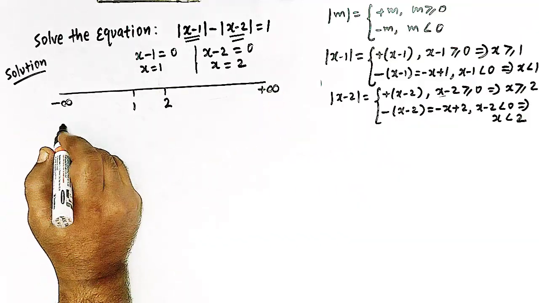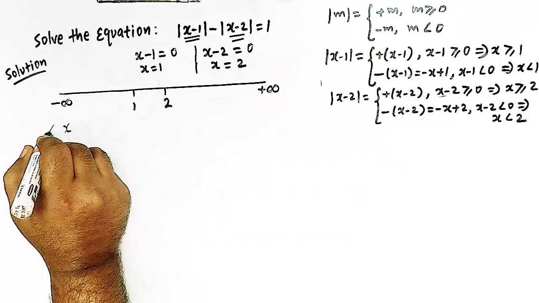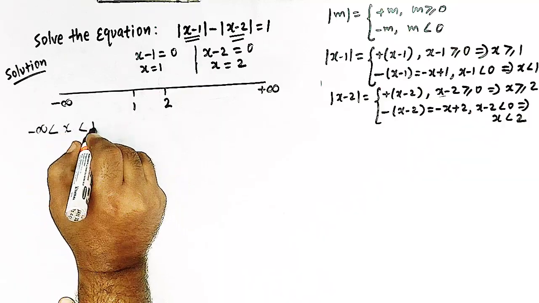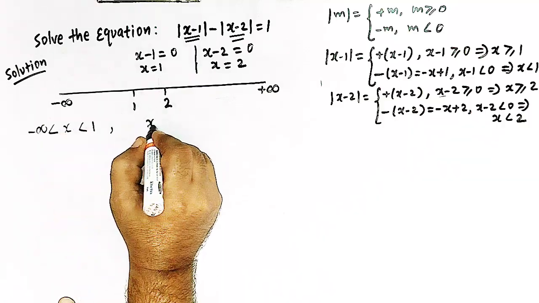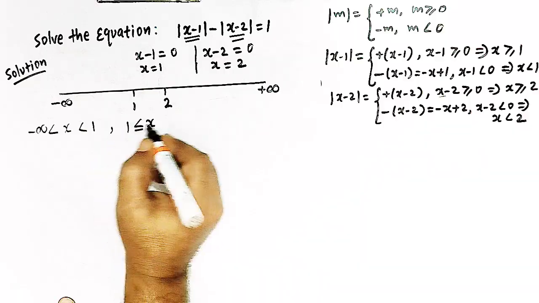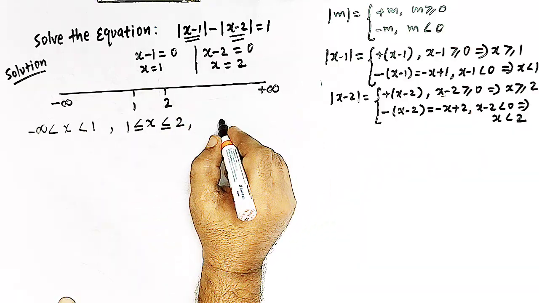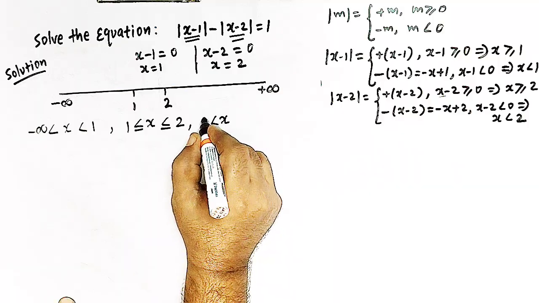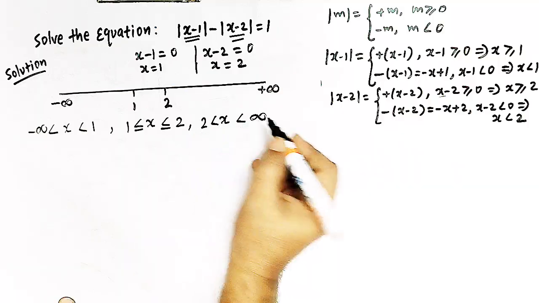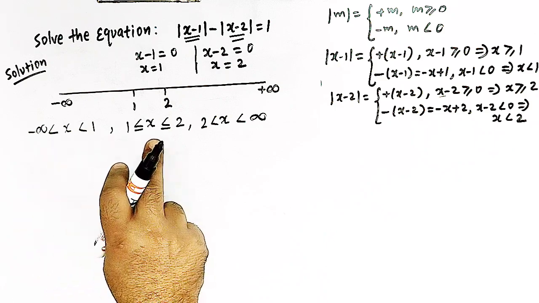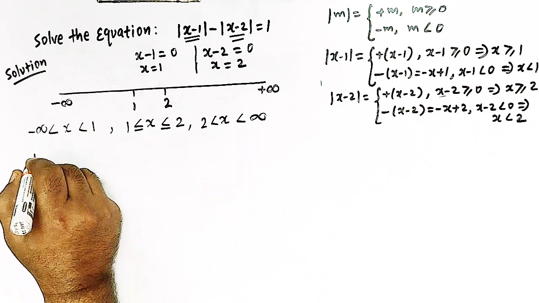That is, one is from x greater than minus infinity to 1, then we have x greater than or equal to 1 and less than or equal to 2, and the third interval is x greater than 2 and less than infinity, right?